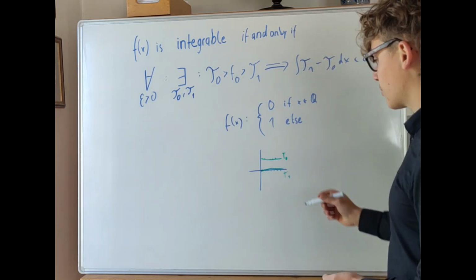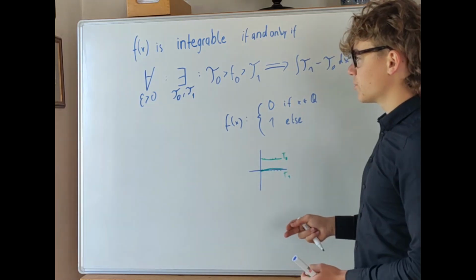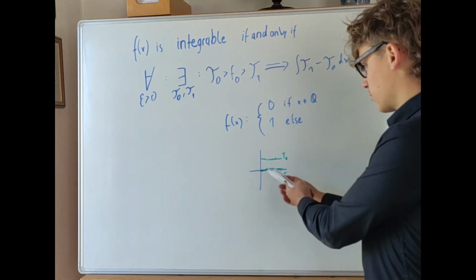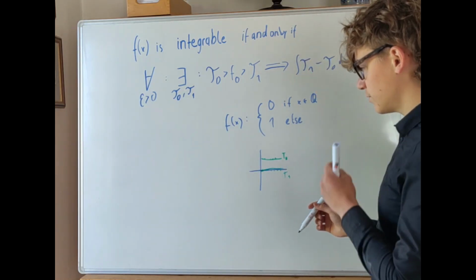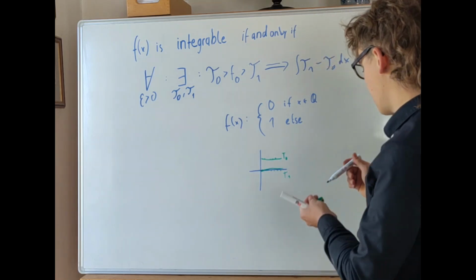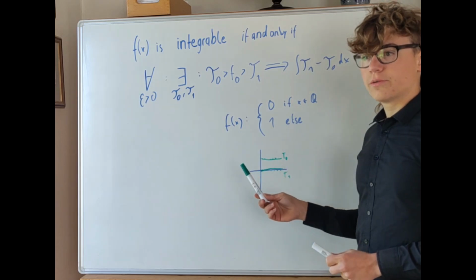So that's a problem, right? Because we always have a certain room that is unreachable. So there exists an epsilon, let's say epsilon 1/2, which we cannot reach. We cannot reach this gap, right? So that means that f of x is not integrable.